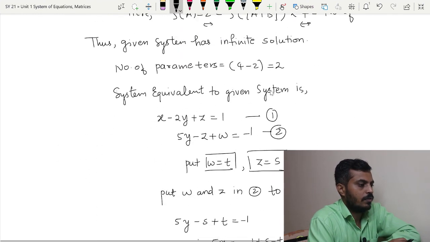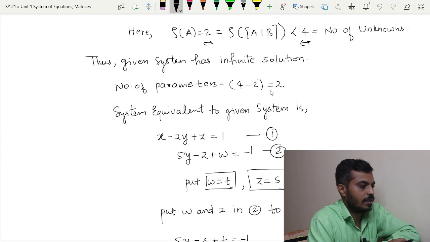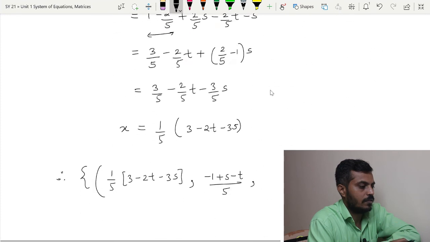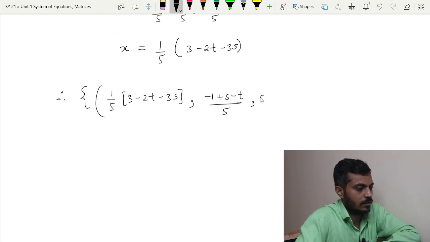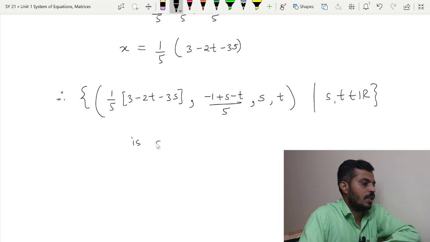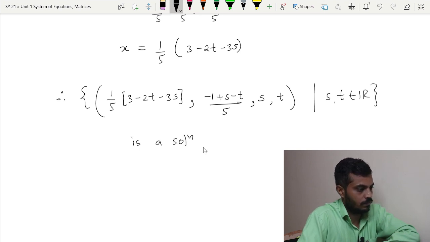But our variables are in the order x, y, z, w, right? So, z is s and w is t, such that s and t belong to R, is a solution set of the given system.